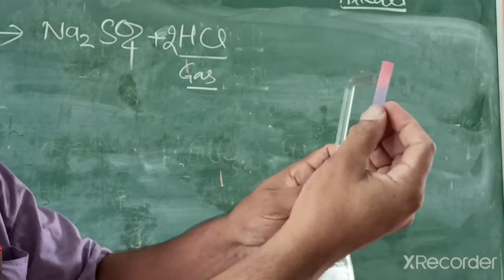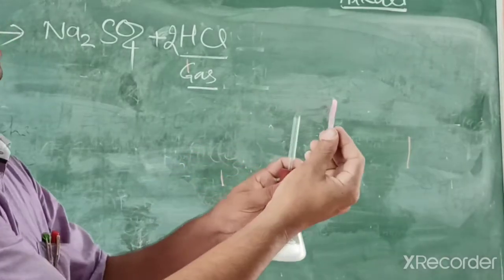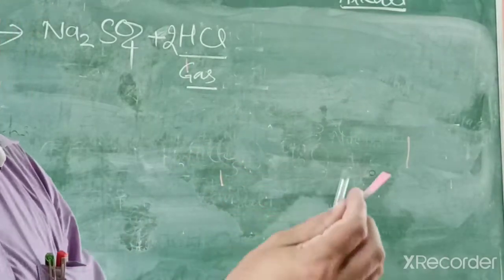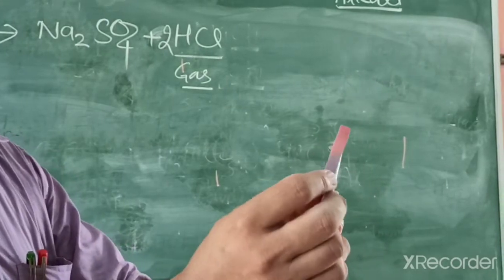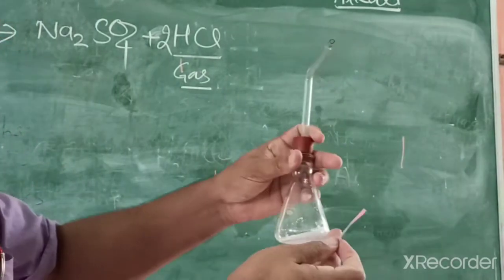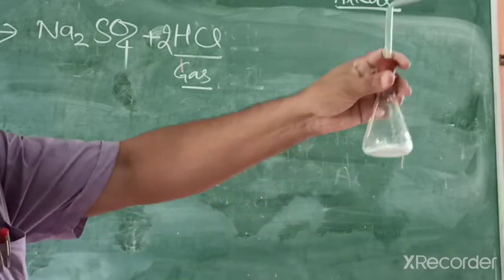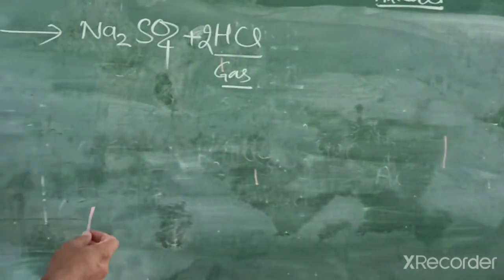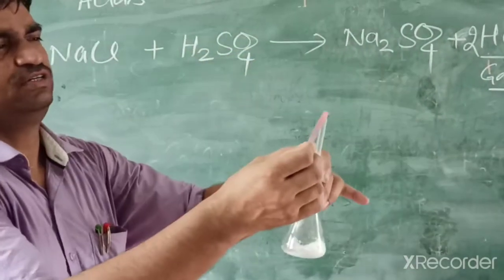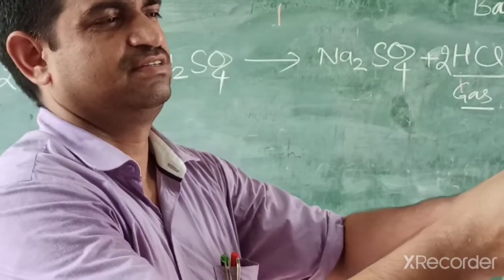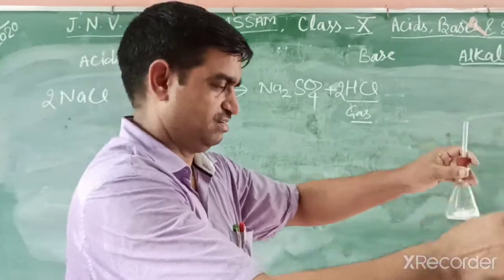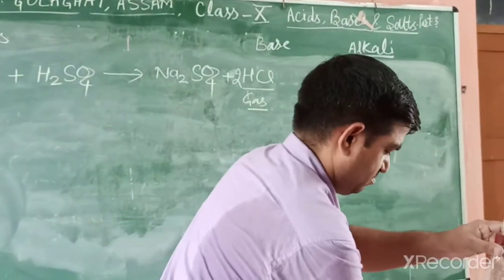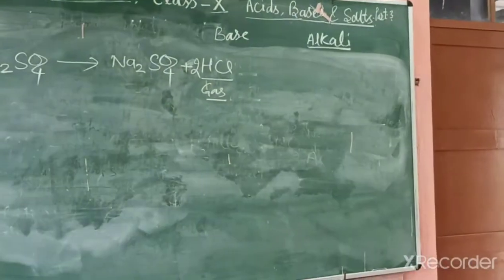This confirms HCl has hydrogen ion, but in a humid atmosphere it changes into reddish color. We explain this by the experiment: sodium chloride and H2SO4 provide HCl gas, and fumes are released. So we prove it by that experiment.